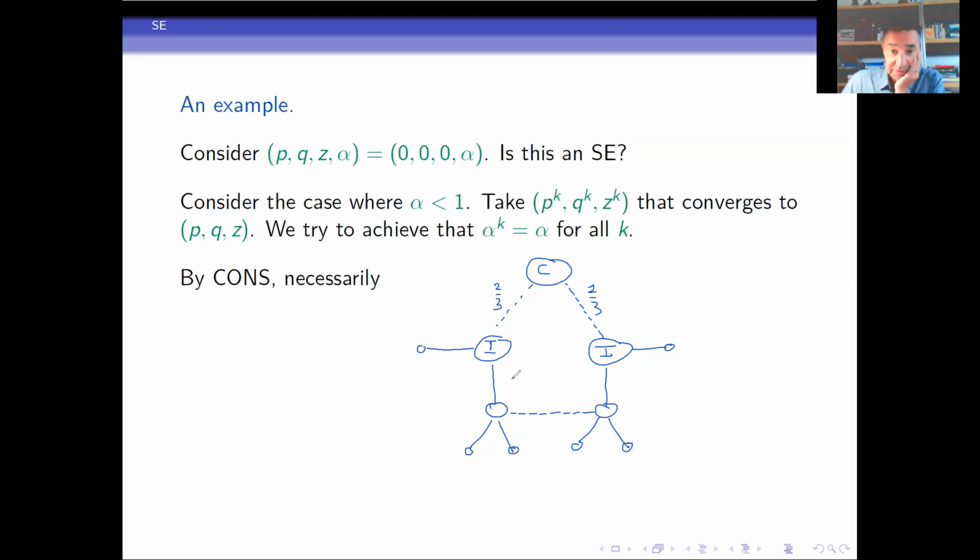So what we want to construct is a probability pk over here, 1 minus pk over here, and qk over here, and 1 minus qk over here. And there's also a zk over here, but that will be irrelevant for the moment, because the only thing that determines the alpha k over here is, of course, the probability over here and the probability over there.